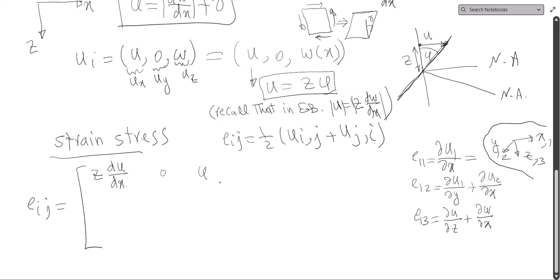And dw dx is, of course, divided by 2. dw dx is dw dx because w is just a function of x. So you see here, the big difference here is that this is non-zero. In Euler, this quantity, this phi, was minus dw dx, therefore this cancels out.